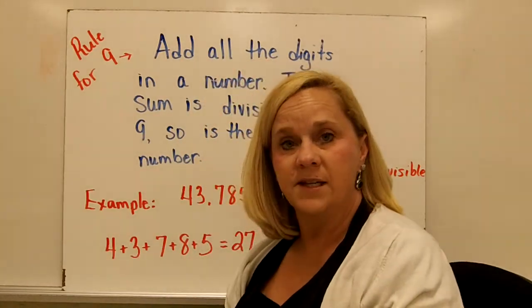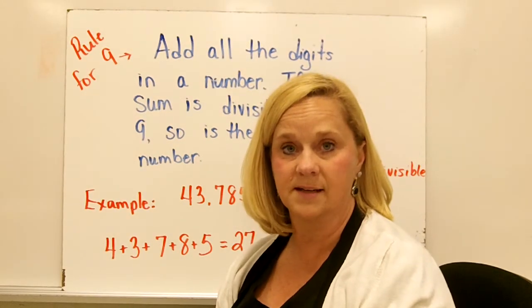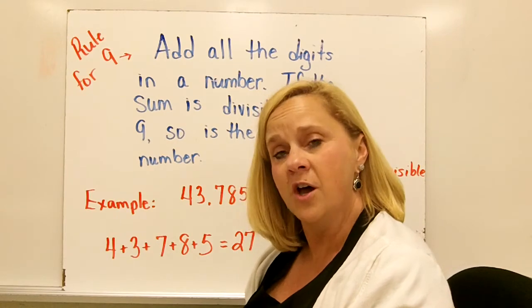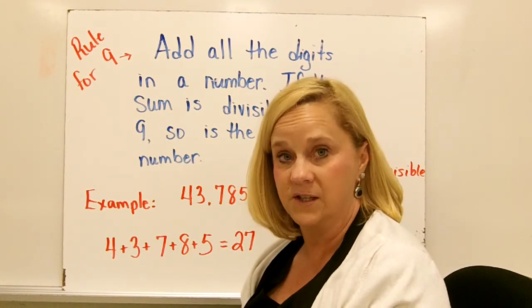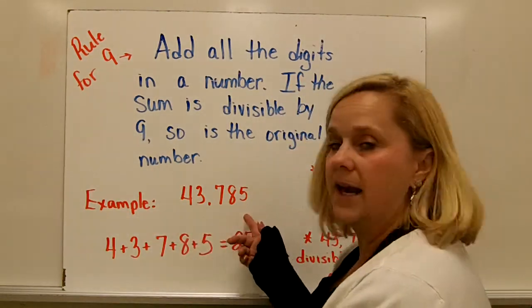The last one that I want to do for today is the divisibility rule for 9, and it's very similar to the rule for 3. You're going to add up all the digits in the number, and if that sum is divisible by 9, then that original number is also divisible by 9. For example, 43,785.